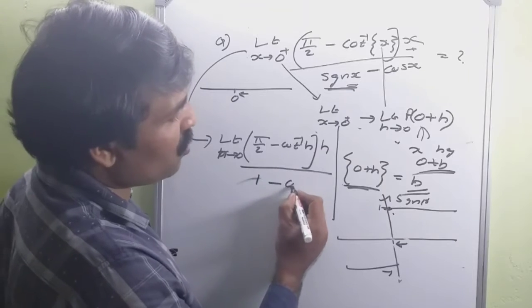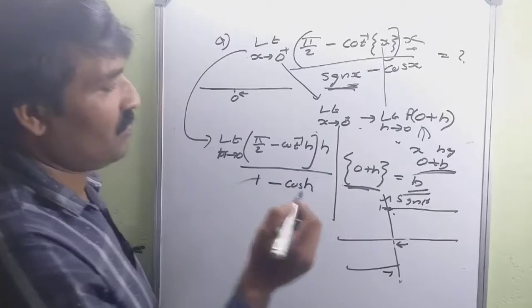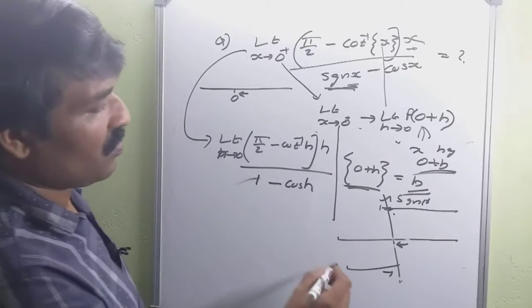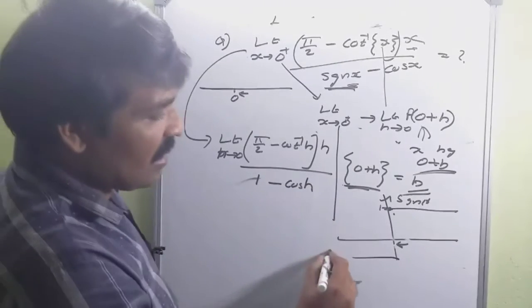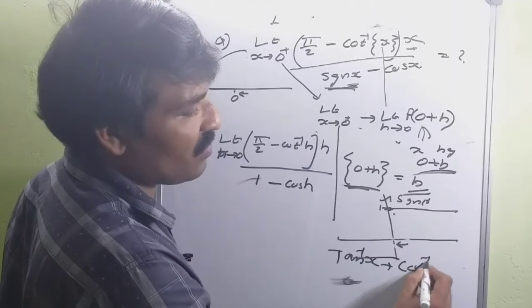Minus cos of 0 plus h, and cos of 0 plus h is cos h.